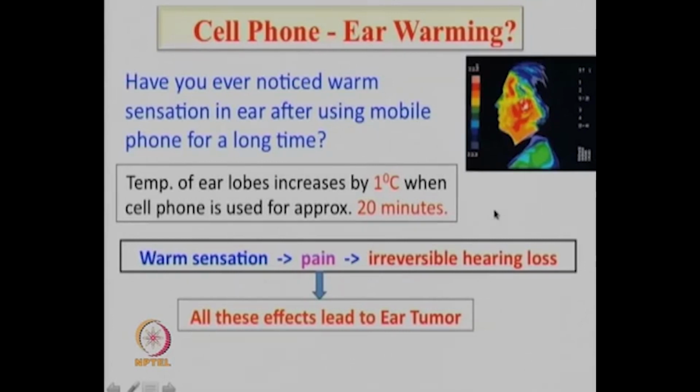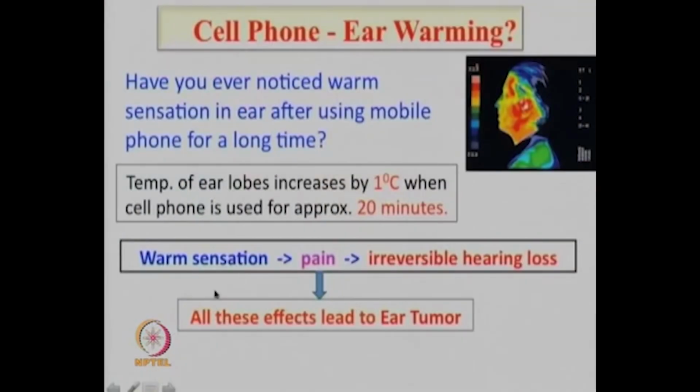So every time you use the phone for 20 to 30 minutes, the earlobe temperature goes up by 1 degree centigrade and we have a fever, and then the brain realizes there is some problem. There is a process known as the thermoregulatory mechanism. That process gets kicked in and blood circulation happens, so the temperature becomes relatively normal.